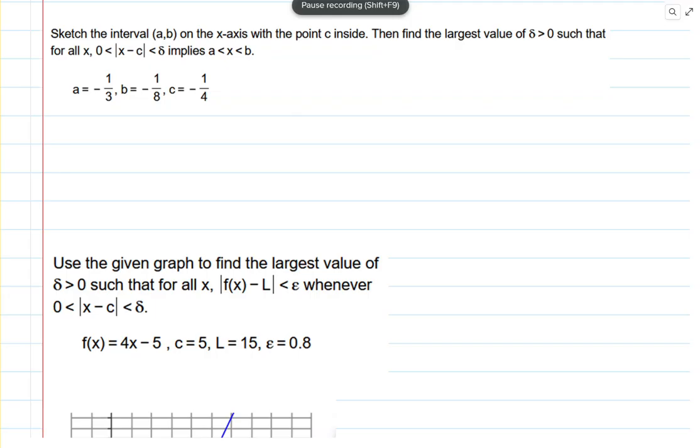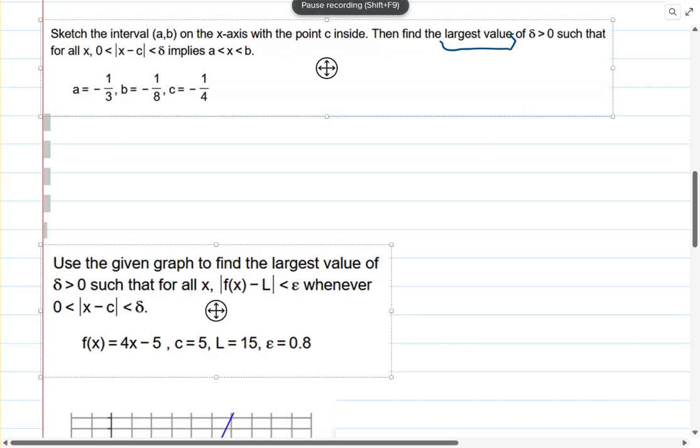Then find the largest value. Now this is misleading. The largest value is the value that is shared by both sides of that condition. That's the largest. Not the value that's the largest, but the one that is shared by both sides. That would make it the largest parameter we should use.